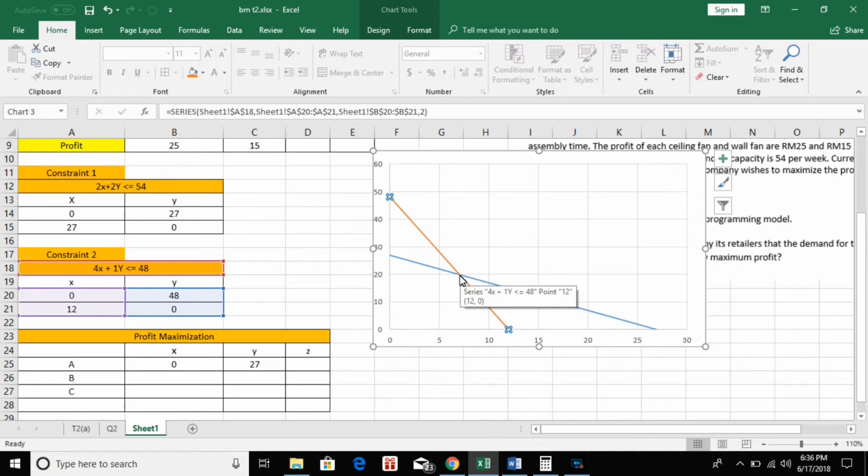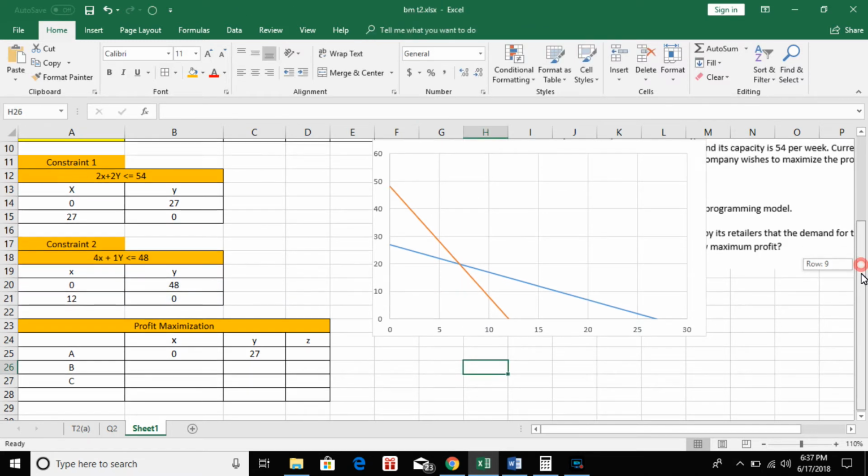Here you can see that the point is showing 12 and 0, but on the corner you can see that it is in front of 20 on the y-axis and on the x-axis it is 7. So we have to formulate it by using equations.